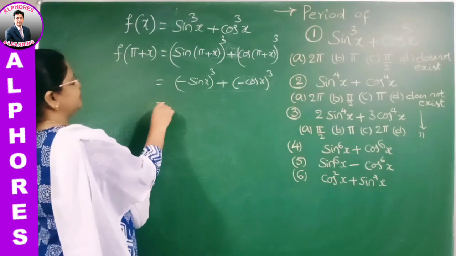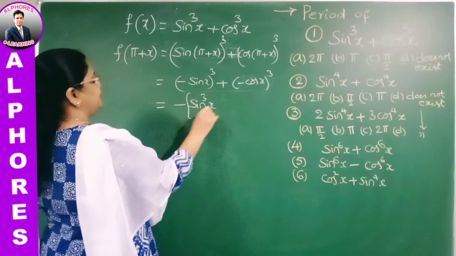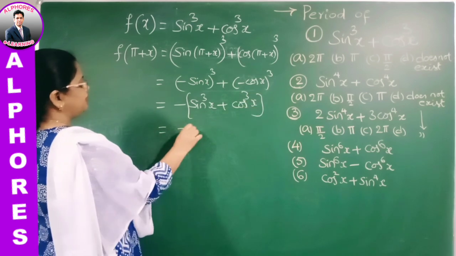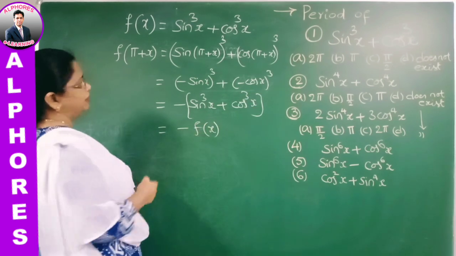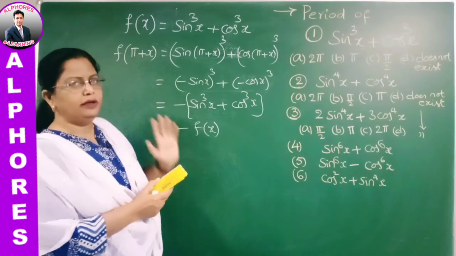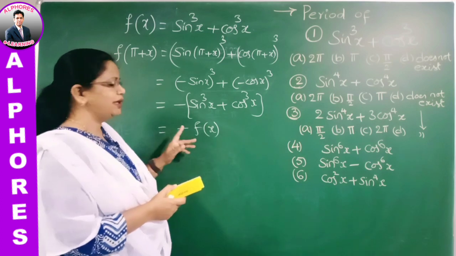Now this is equal to minus sin cube x and minus cos cube x. Therefore if you take minus common, you will get minus f of x. But according to the period definition, f of x plus pi must give f of x only, not minus f of x.